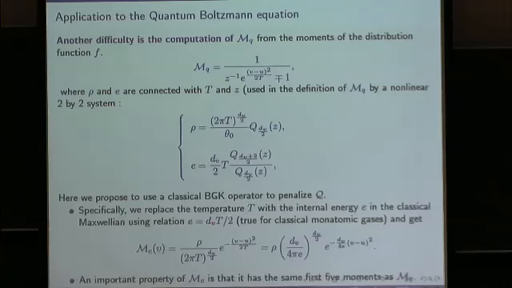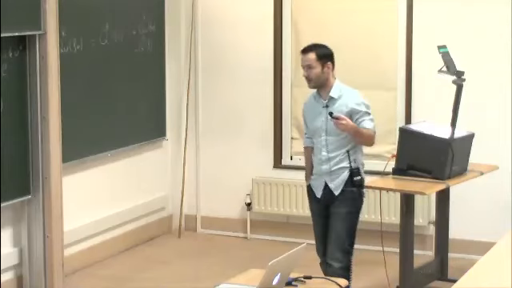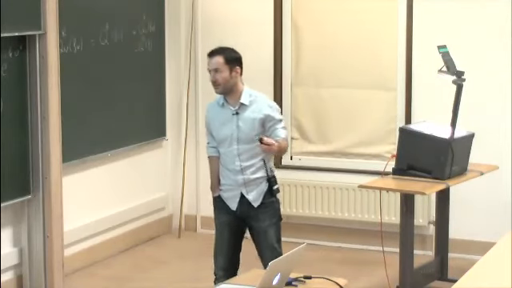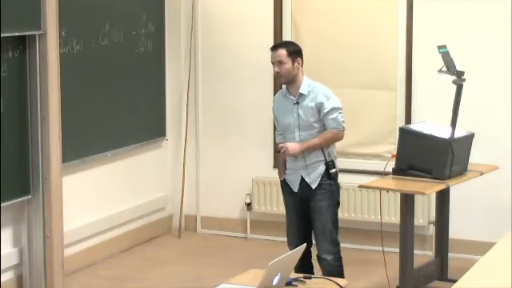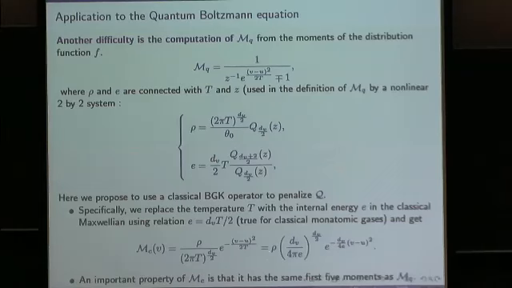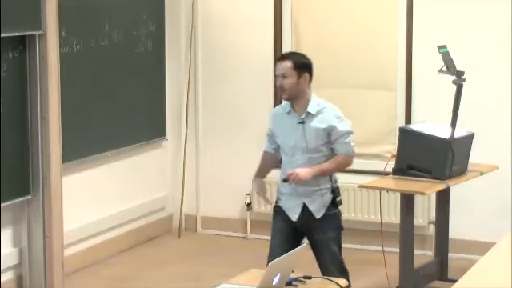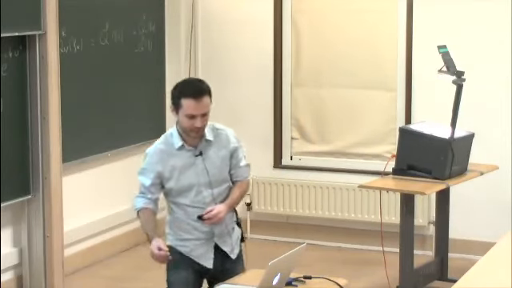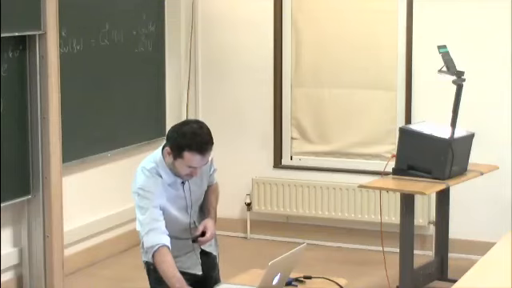So finally, we do not use this quantum Maxwellian, but this one here, which can be explicitly computed from the invariant of the quantum Boltzmann equation, since they only depend on rho, e, and u. So in fact, there are some links between MC and MQ. C is for classical and Q is for quantum. And so it means that there are some consistency property between the two.